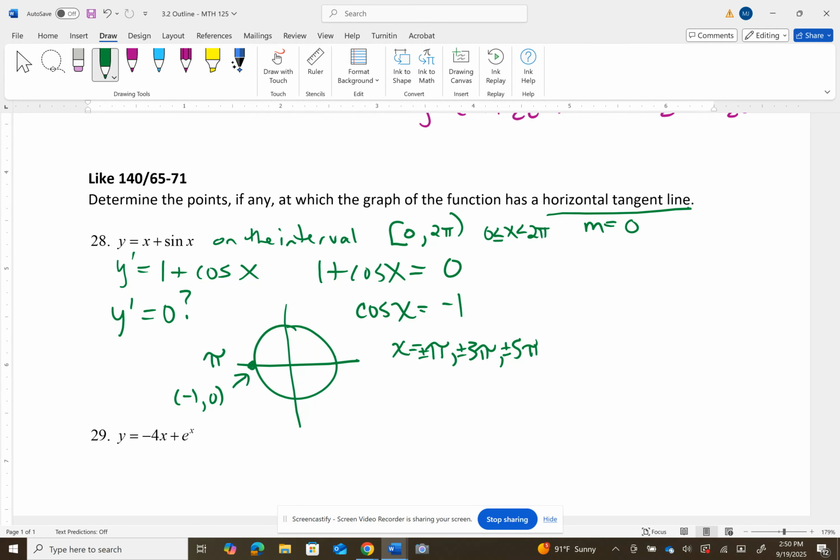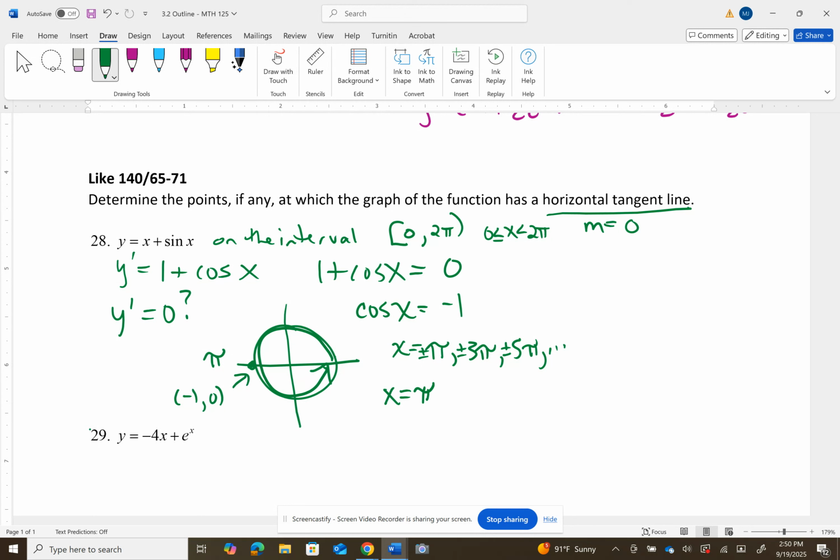So they really mean on one rotation. And what that means is that I know that there's a lot of places where cosine would equal -1, but on the interval that's one rotation around, pi would be the only one. So at x equal pi, I know I would have a horizontal tangent line.